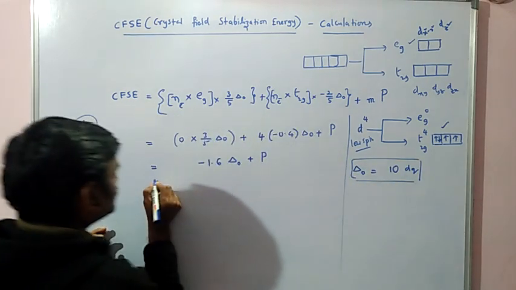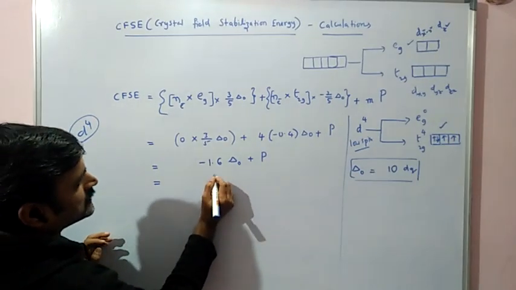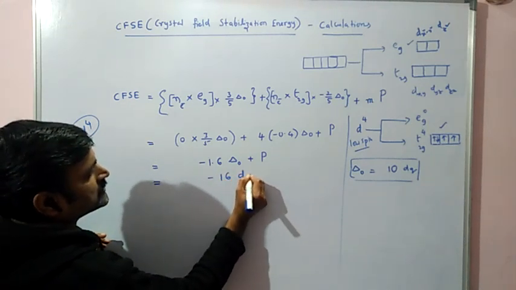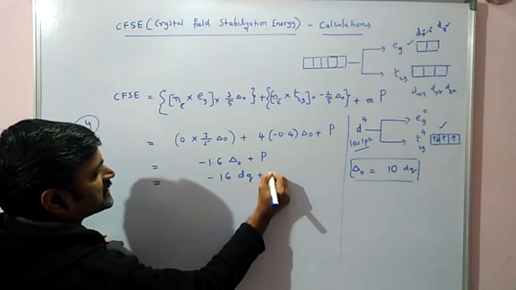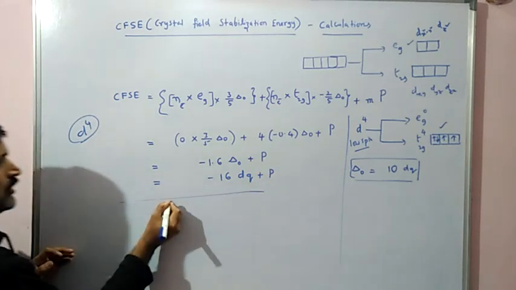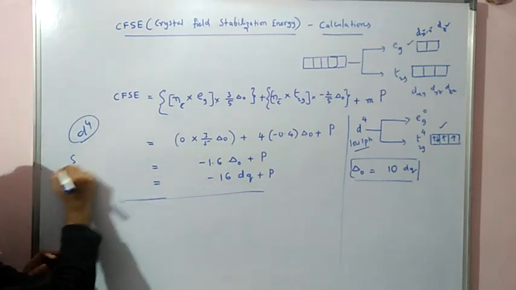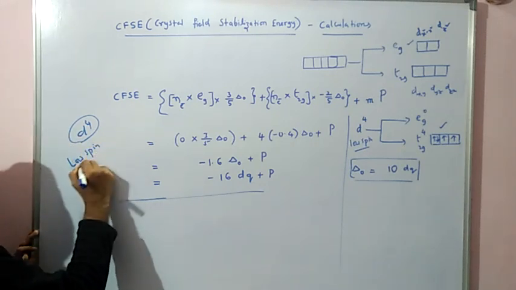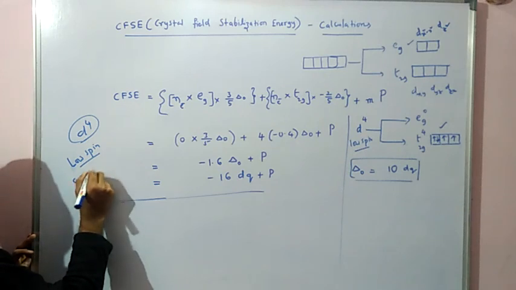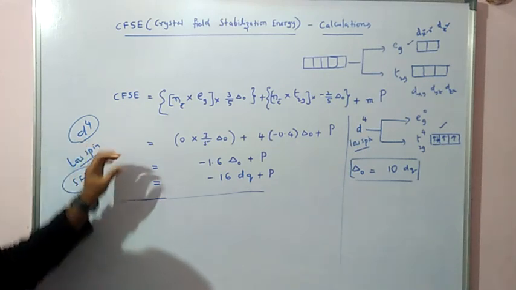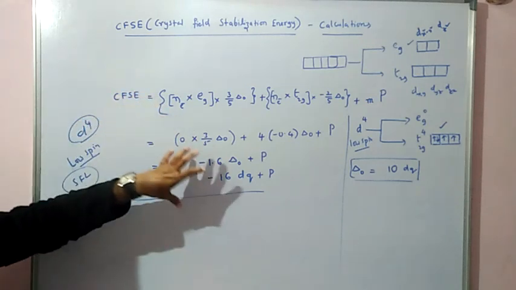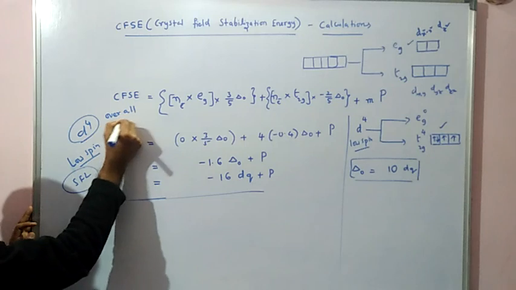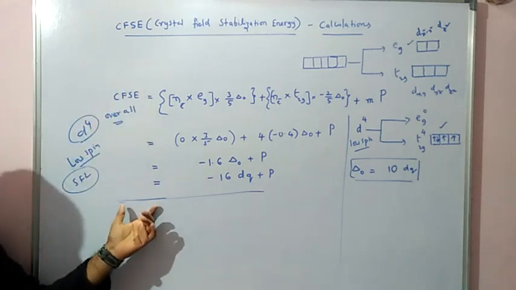In such a case, you can also write this as minus 16 Dq plus P. This is for the low spin complex, or in the presence of strong field ligands. The d4 electronic configuration overall CFSE value can be represented like this.